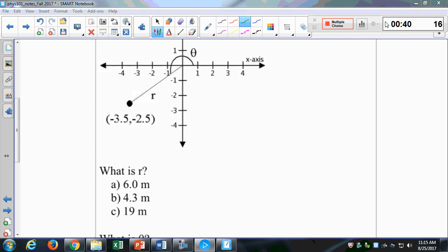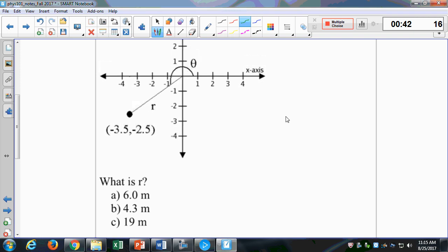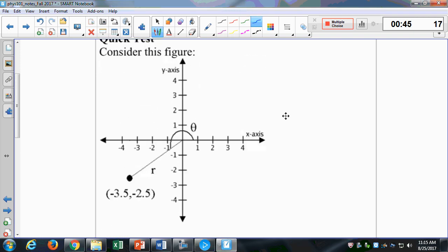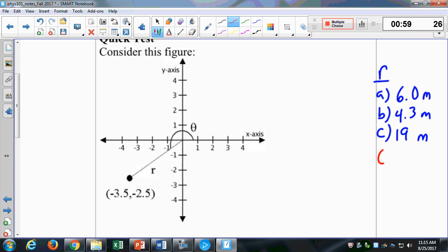What is theta? Right now we're asking what is r. I'm going to go and write theta up here too.